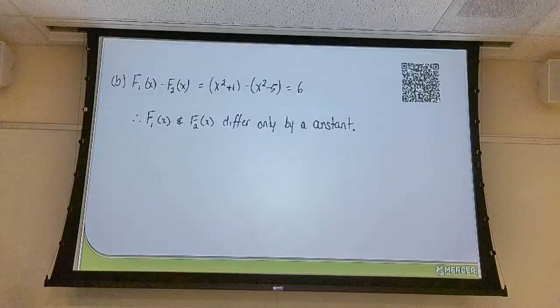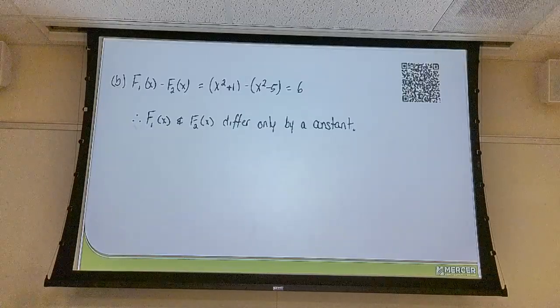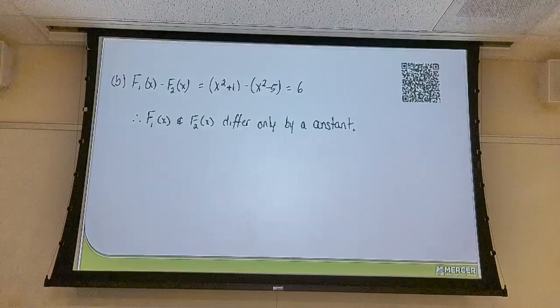F1 and F2 are differing only by a constant, which is illustrating that any two antiderivatives of a function differ only by a constant, which is the same as saying antiderivatives are unique up to a constant.